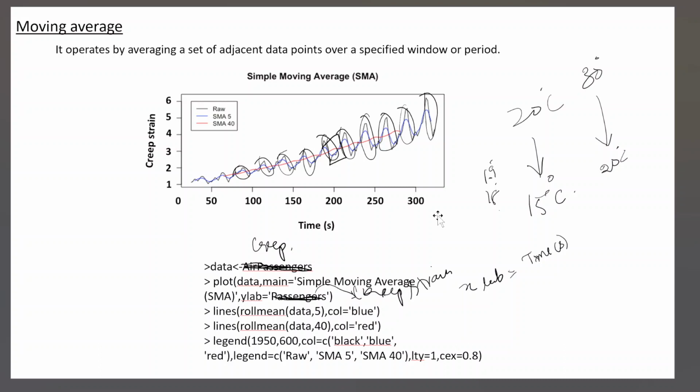So simply we have used rollmean on the strain data against time, and we have used blue color for the fit. We have used the parameter value 5 for this. The 5 represents the time window.